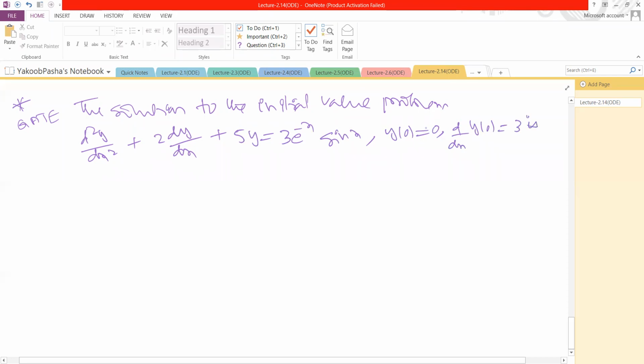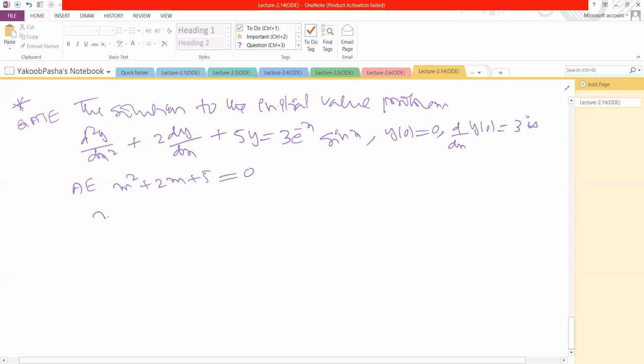First we have to find the complementary function as well as the particular integral, then the general solution, and apply the boundary conditions. First consider the auxiliary equation, that is m² + 2m + 5 = 0.